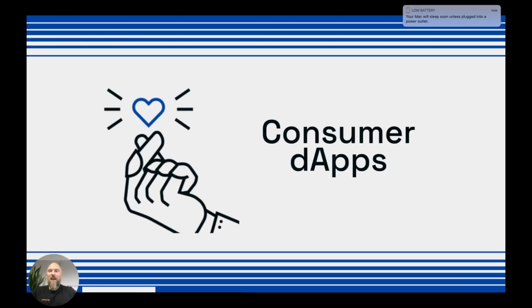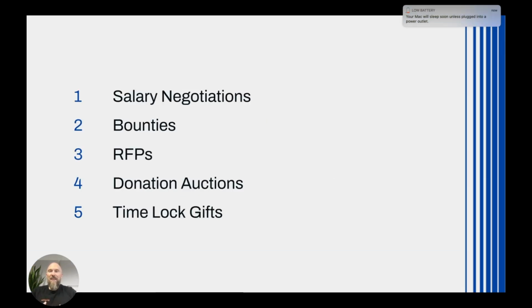You can also use a bunch of consumer dApps or build a consumer dApp. And my favorite use case here are salary negotiations. So if you think about when you're negotiating for salary, someone, either the employee or the employer, has to provide their salary expectations first, and that can give the other party more power.